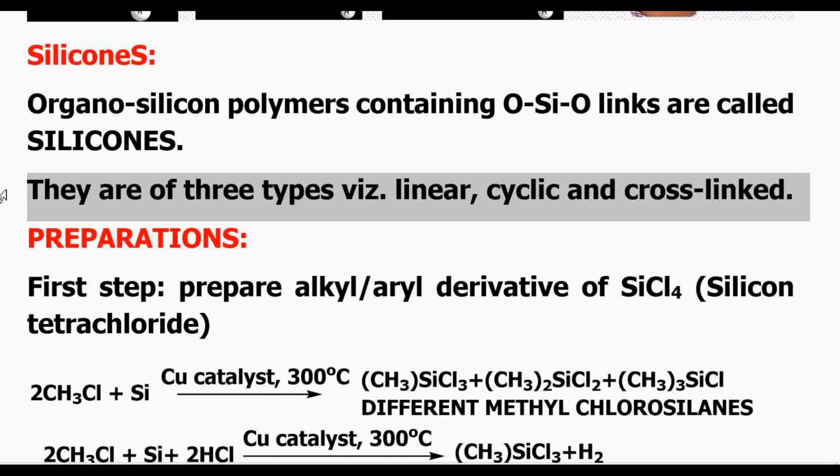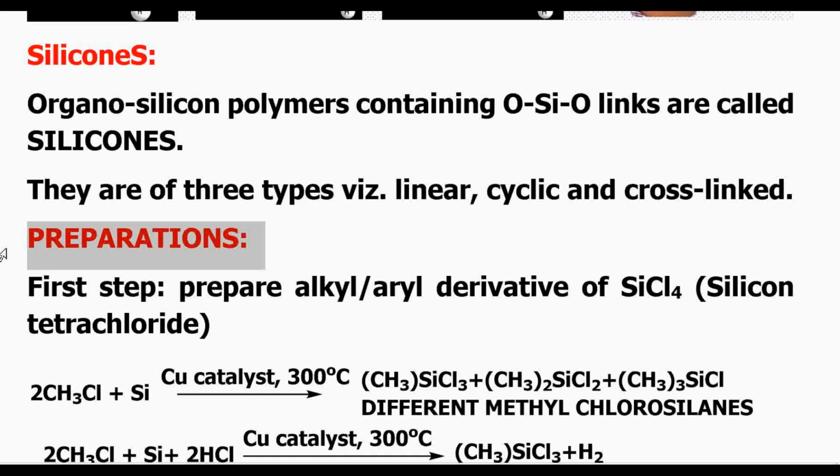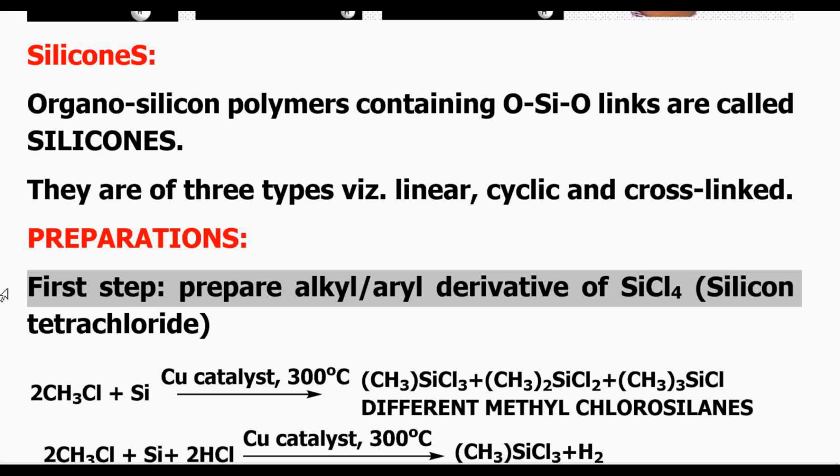First of all, we'll take a look at the preparations of different types of silicones. This preparation involves three steps. Let us discuss them one by one. In the first step, you have to prepare an alkyl or aryl derivative of silicon tetrachloride.